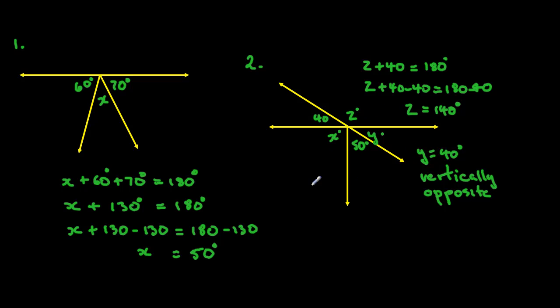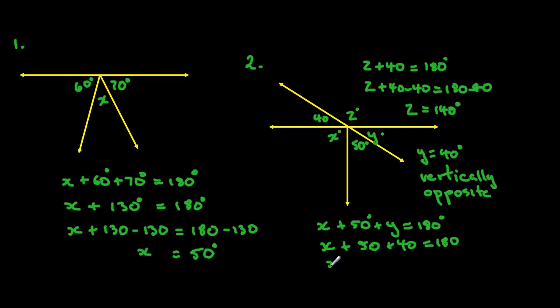And using that information, we can find out what x must be, because these are supplementary. So x plus 50 plus y is equal to 180 degrees. But we already have found that y is equal to 40 degrees, so we can replace y with 40 degrees.